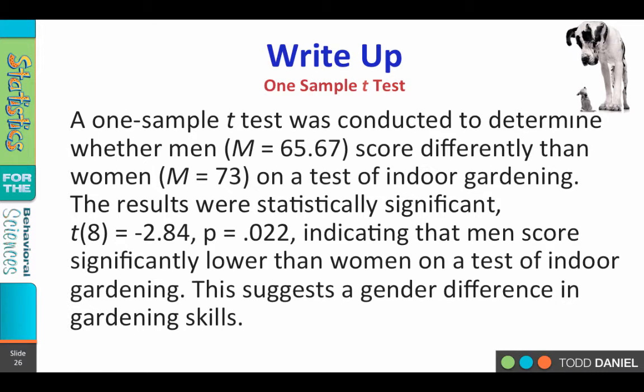This suggests a gender difference in gardening skills. What I would like you to do is look at the write-up when we did this by hand and we did it by SPSS. Notice that the write-up is pretty much exactly the same. So we're going to be consistent with our write-up. The only difference that we'll see is that p-value, the 0.022 versus the less than 0.05. When we know the p-value, we write the actual value.